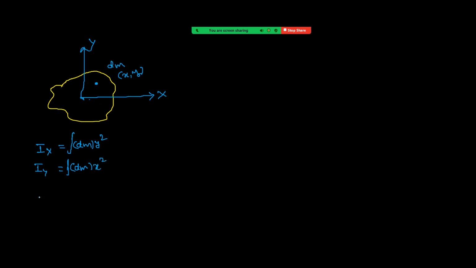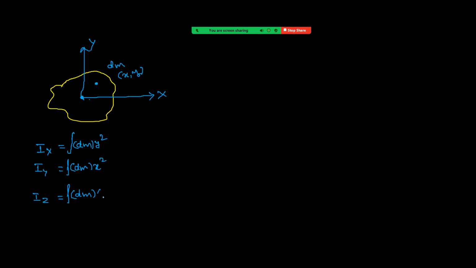Now if you want to calculate about the z-axis, the axis normal to the plane of the body, the distance from that axis is the square root of x square plus y square.